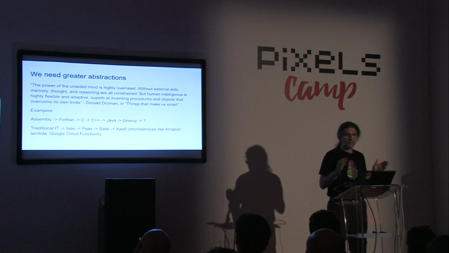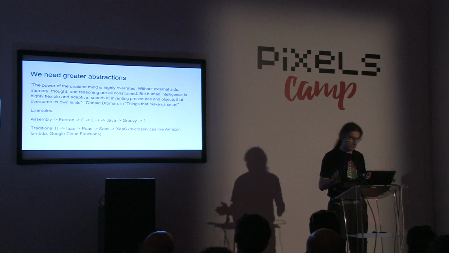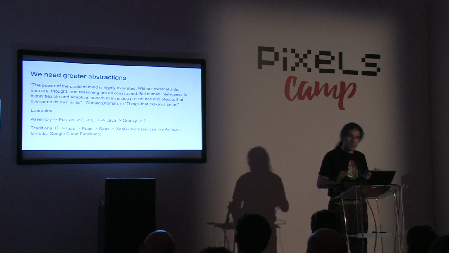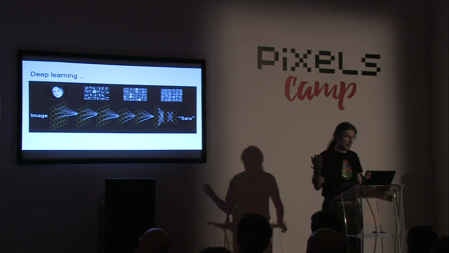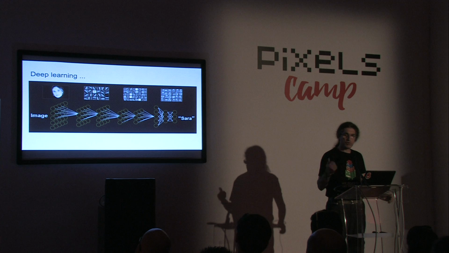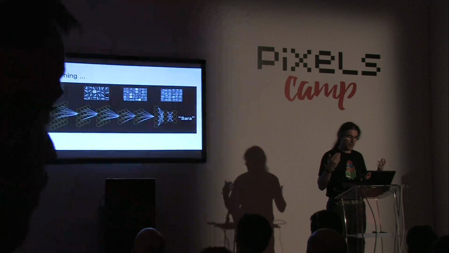And you start to see the latest trend, which is moving to microservices, where you just want to deploy a simple function that does what you want to do, and you abstract everything else. And as an example, take a deep learning system, a neural network that kind of models the way our brain works.